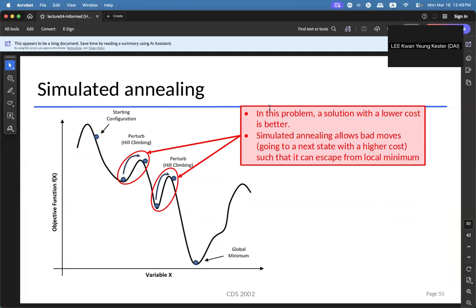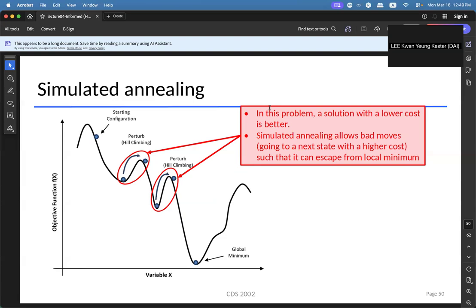And in this problem we actually see one behavior. If our algorithm gets stuck in a local minimum, the allowing-bad-move design will allow it to jump away from the local minimum.